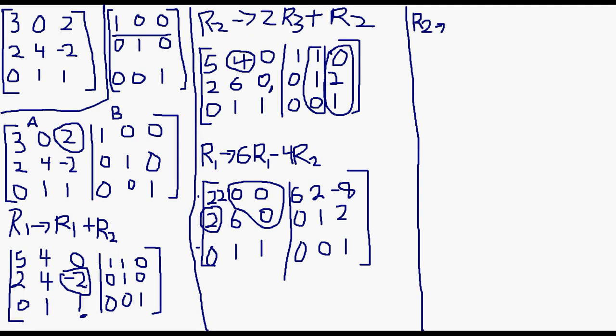Then we multiply this row 2 by 11. 11 times 2 gives us 22. So when we subtract 22 from 22, we are going to get 0. So we can do it that way.